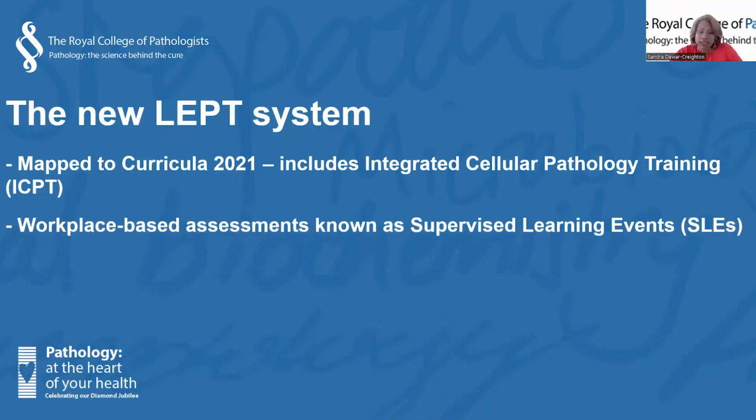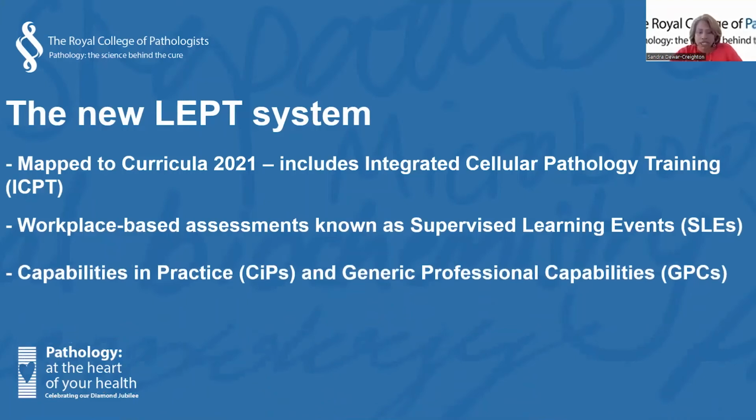The SLEs are intact. These assessments are strictly formative, designed for assessors to give trainees feedback on their progress. Trainees are able to associate their approved assessments to the SIPs and the GPC framework, as these are embedded in the e-portfolio.